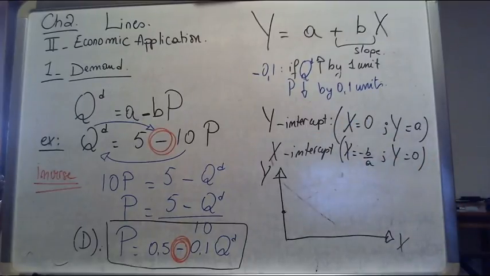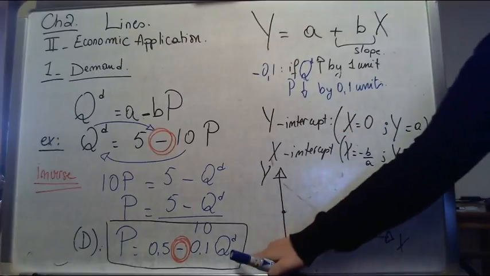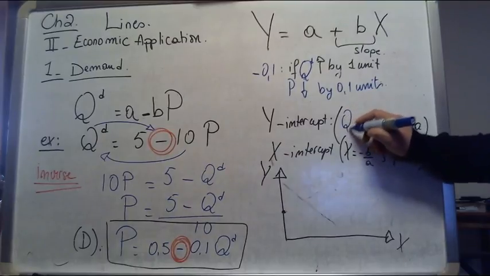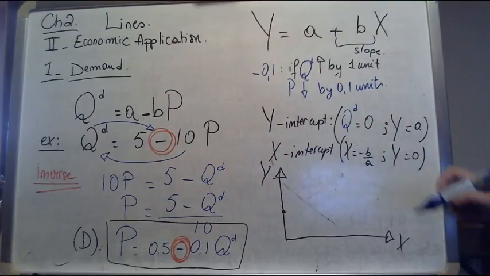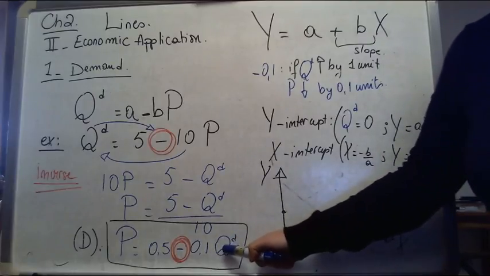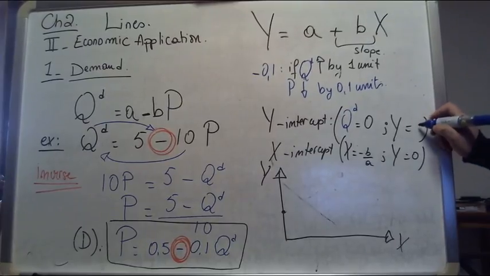Let's find the y-intercept. We don't use x anymore, we use QD. So if QD equals 0, let's replace QD with 0. P equals, in this case, 0.5.